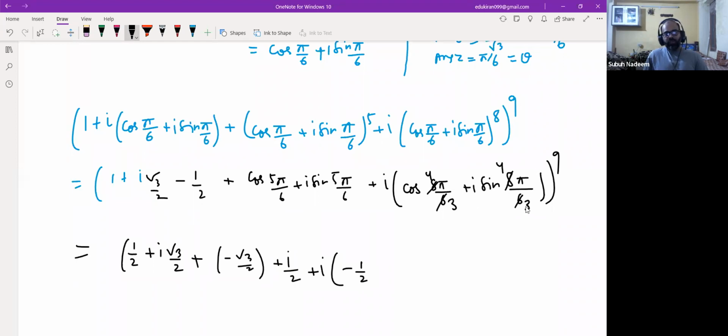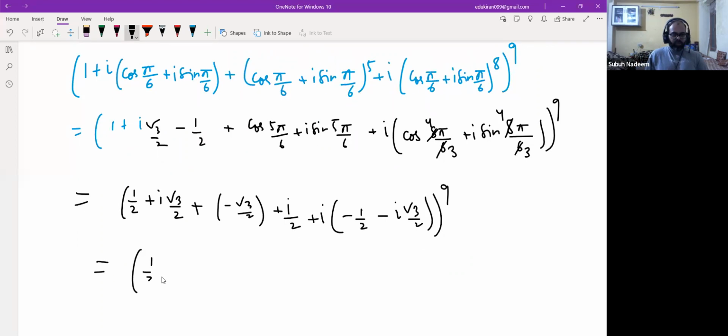And then sine 4 pi by 3, sine of pi plus pi by 3, again by the trigonometry allied angle formula we are working. So sine pi by 3 will be with a negative sign, minus sine 60 degree, root 3 by 2, to the power 9.